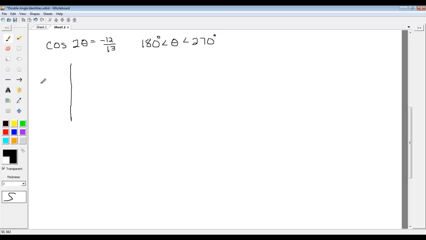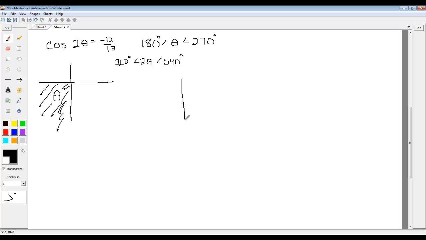Alright, so if theta is between 180 and 270, then theta is somewhere in quadrant 3. Twice that though, 2 theta: twice 180 is 360, and twice 270 is 540.